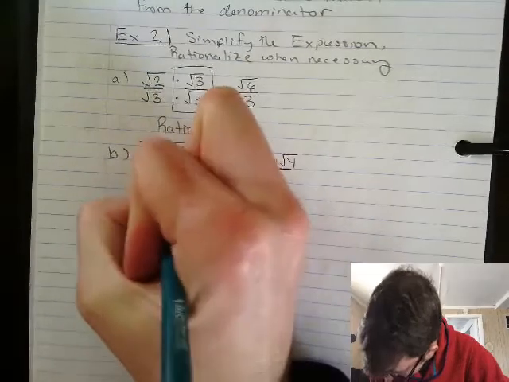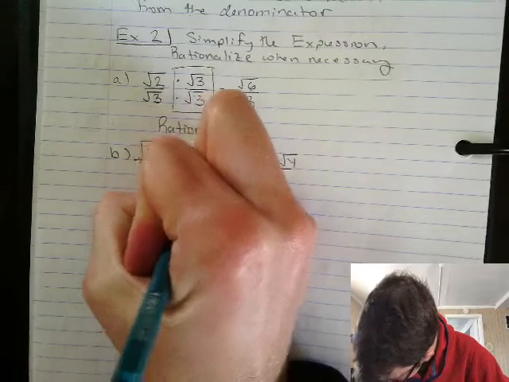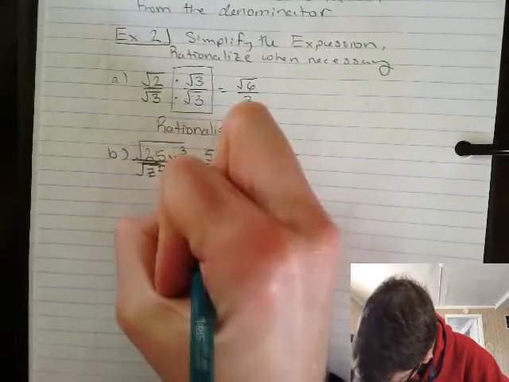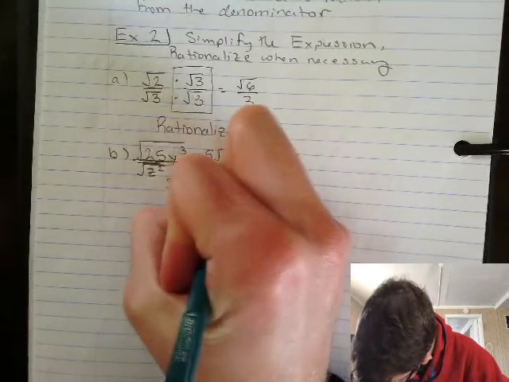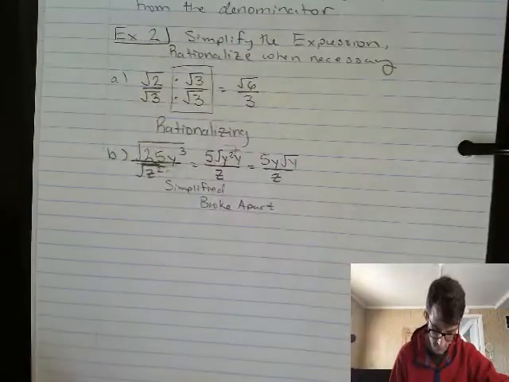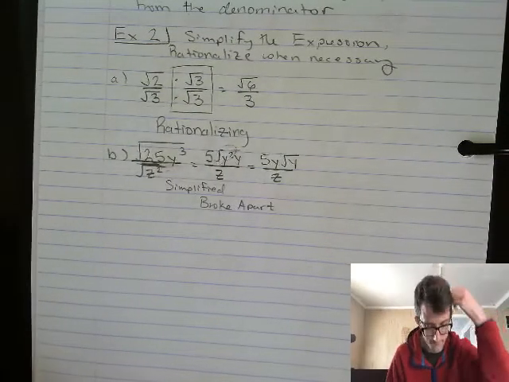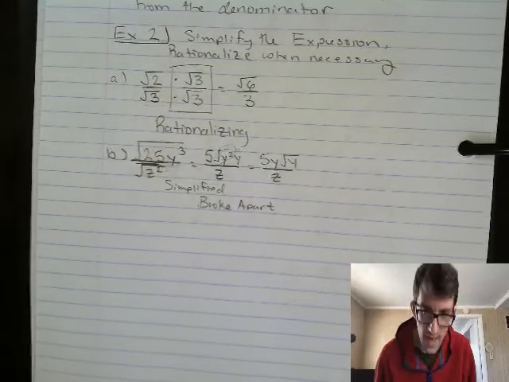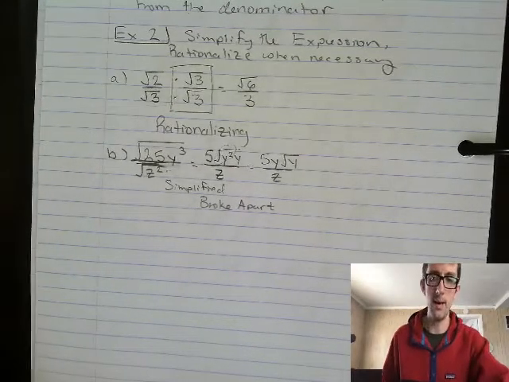Square root of y over z. So we have simplified and then broke apart. Broke apart. Okay. Almost sounds like Bonaparte. All right.